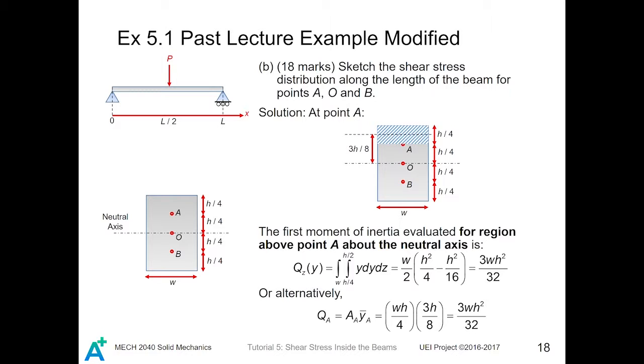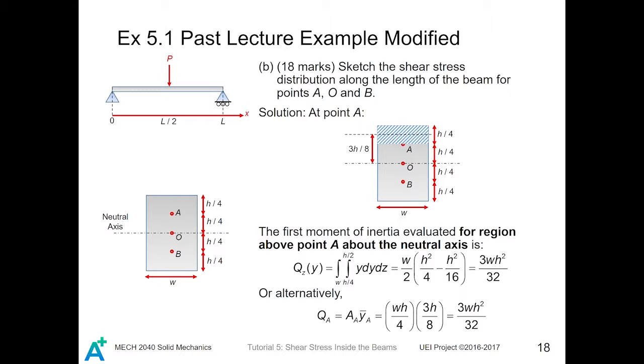Still recall that when we derived the formula, what were our lower and upper limits? After we find the first moment of area, the shear stress we found is actually the shear stress at the level of y, right? Y is here. And the first moment of area we found is just for the region above the level of y.